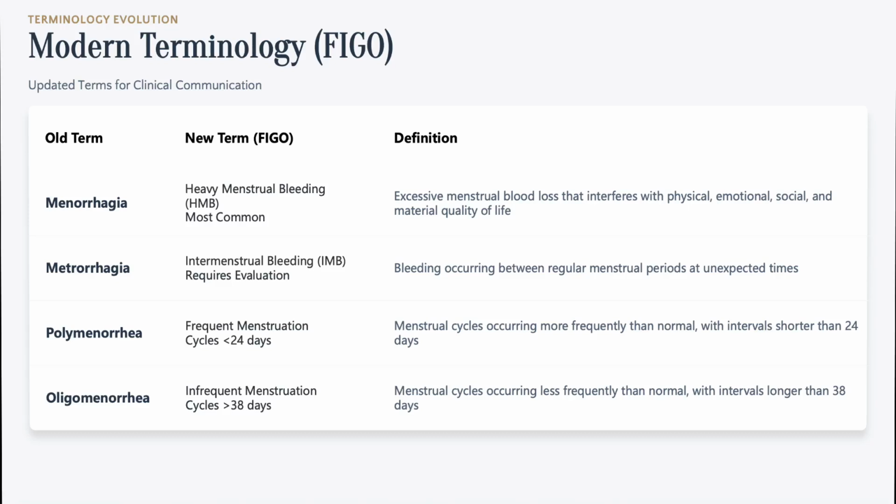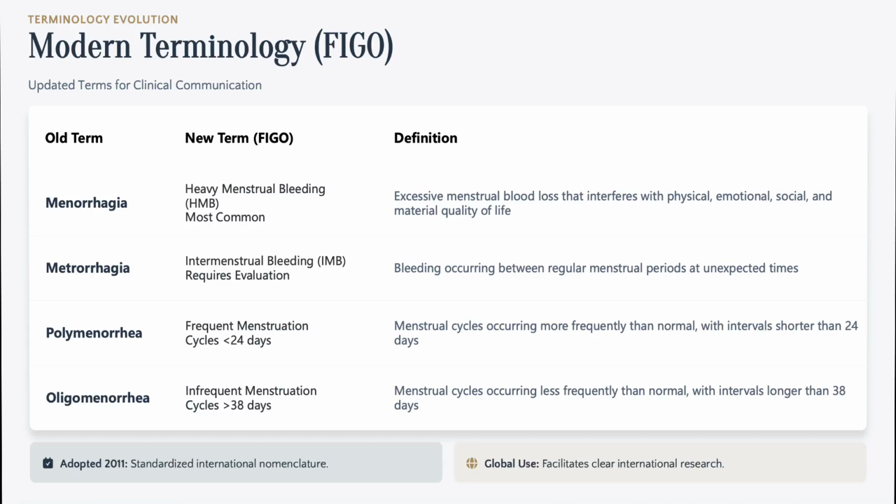Instead, we use clear descriptive terms like heavy menstrual bleeding for menorrhagia, intermenstrual bleeding or IMB for metrorrhagia, frequent menstruation, or cycle less than 24 days, for polymenorrhea, and infrequent menstruation, cycle more than 38 days, for oligomenorrhea.